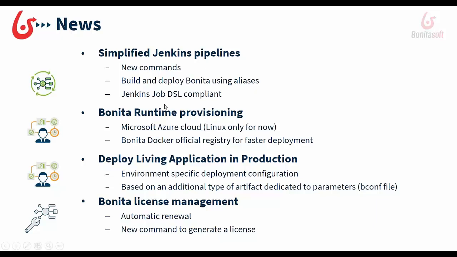So that's really nice. Also, another point is the deployment of the living application in production. So again, this is the parameters I was talking about. Now we have this bconf file that is an archive with parameters inside specific to a process. And this is to enable us to work with multiple environments efficiently. You needed to build the process specific to environments to have the associated bar file.